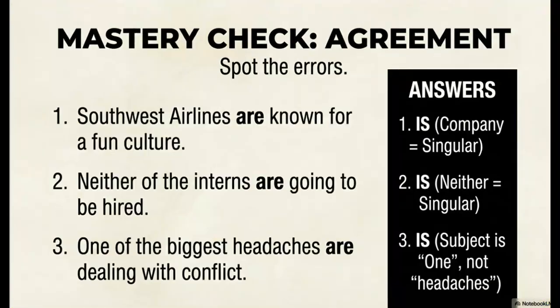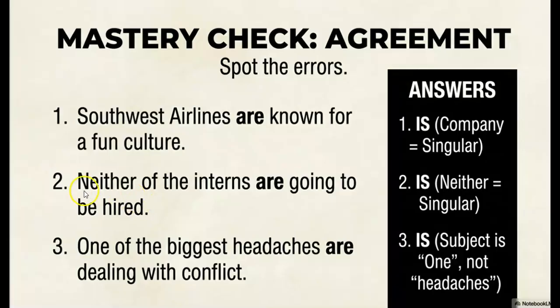And so let's just take a look at these examples here. Let's say we had a sentence, Southwest Airlines are known for a fun culture. So remember that an airline is just a single company. So instead it would be Southwest Airlines is known for a fun culture. For number 2, we have neither of the interns are going to be hired.